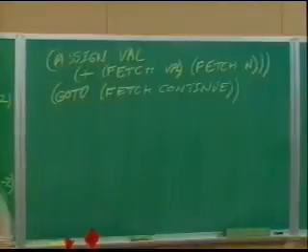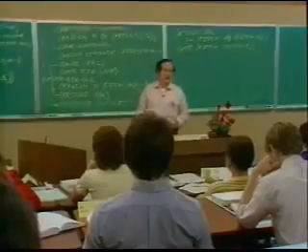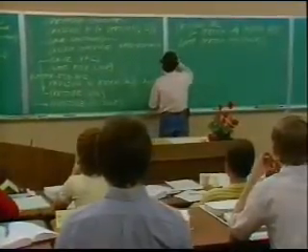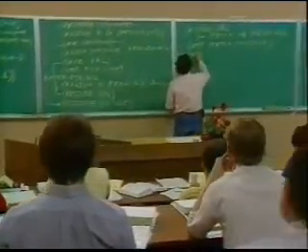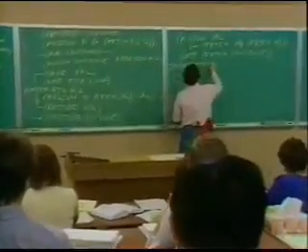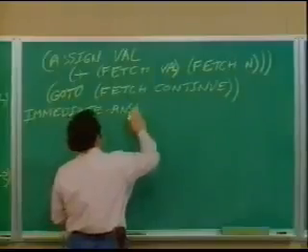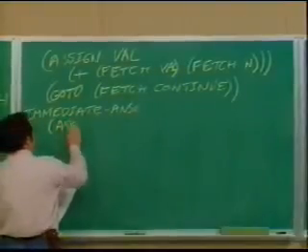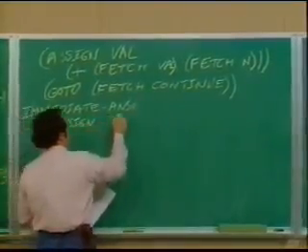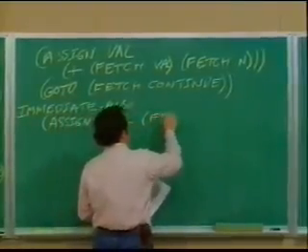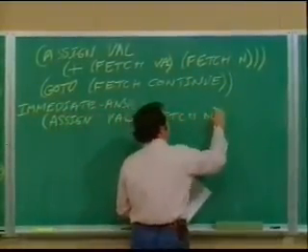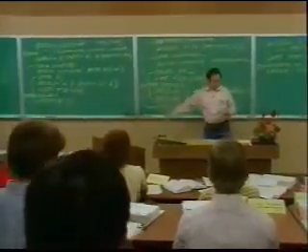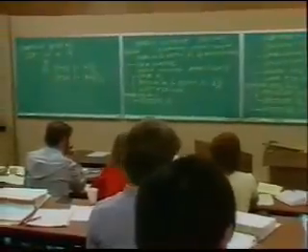Now what's left is to fix up a few details. Like there's the base case of this induction, immediate answer, which is nothing more than assign to val fetch of n, because n was less than 2, and therefore the answer is n in our original program, and return.